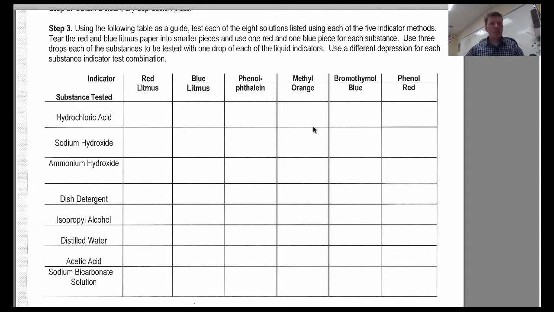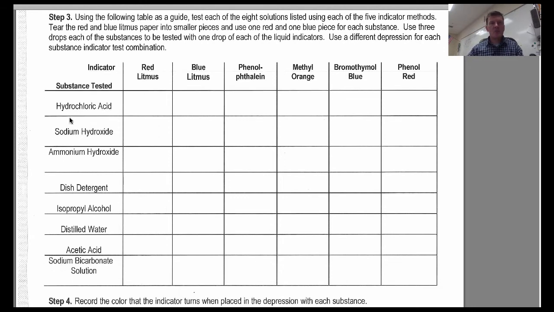So in this lab, we're going to take a number of different substances. As you can see, hydrochloric acid, the formula for that is HCl. Sodium hydroxide, that is NaOH. Ammonium hydroxide is NH4OH.